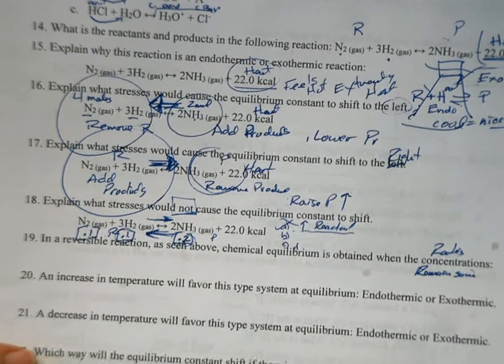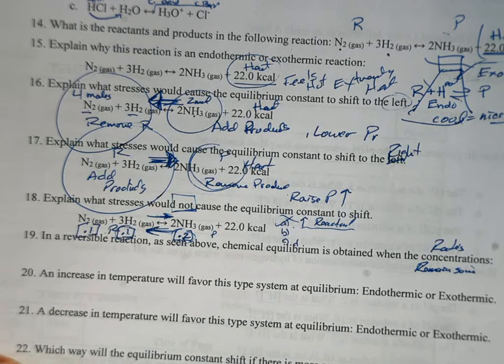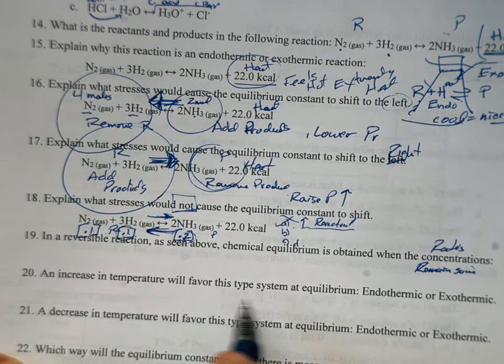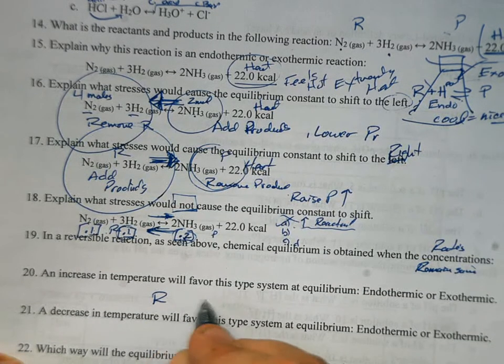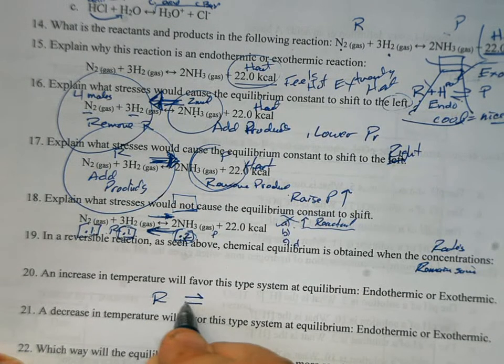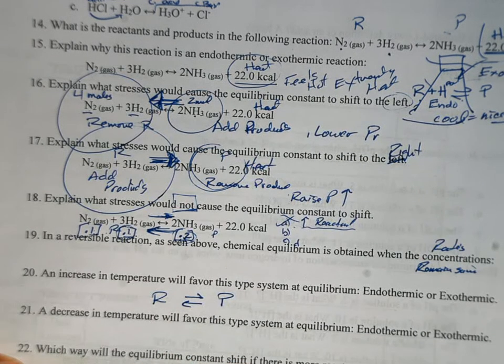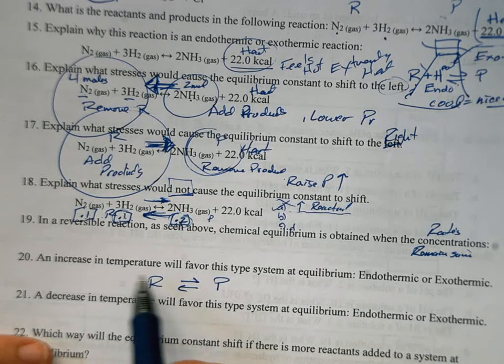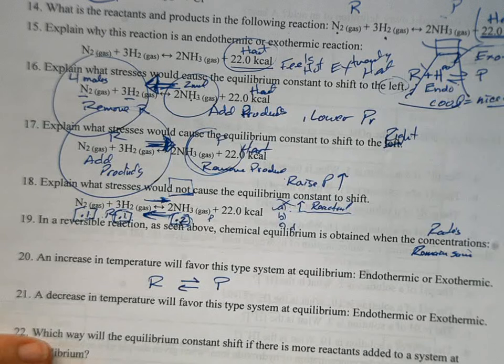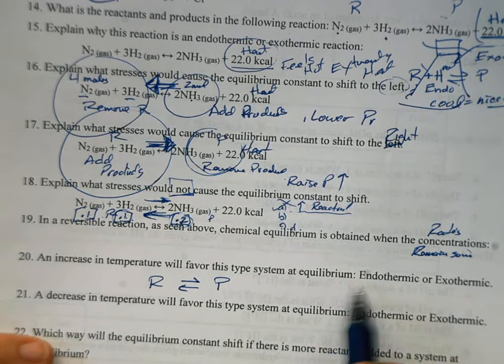Number 20, increase in temperature will favor this type of equilibrium. So increase in temperature, I recommend let's do reactants and products. Okay, if you get a question like this and they don't give you an actual equation, you can set up something like this. An increase in temperature will favor this type of system at equilibrium. Well, let's see.